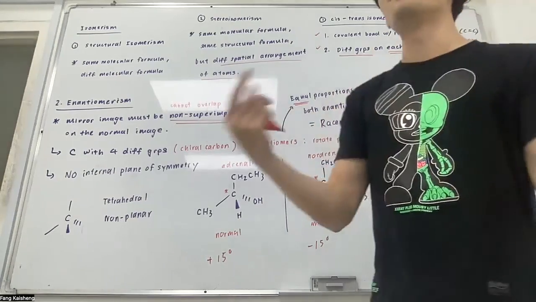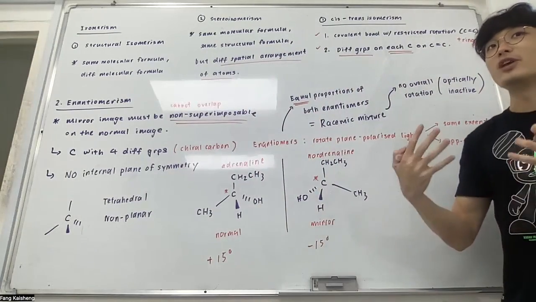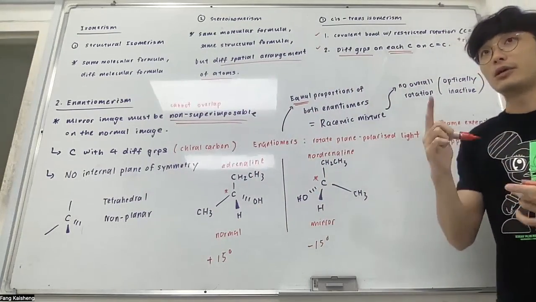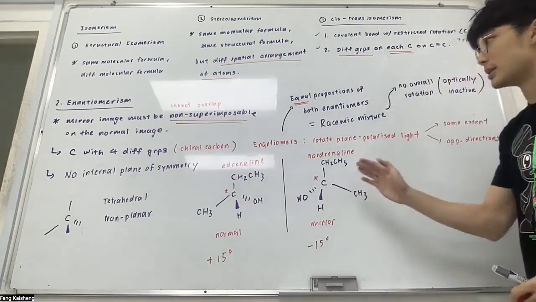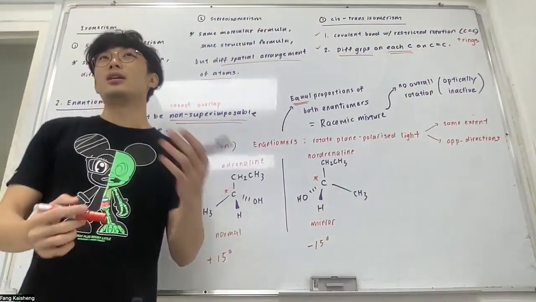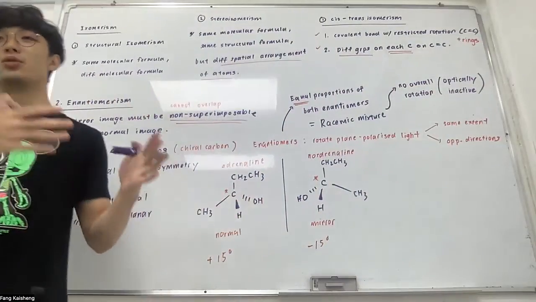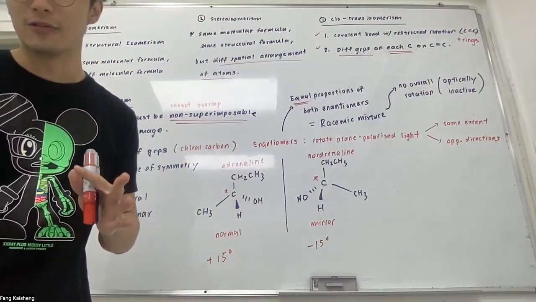This one, if you inject it, you feel pumped. So the idea is this: the normal and mirror image have different reactions with the body. So they're quite important. They have tested questions on this before. This one's not fluff. It sounds like fluff, but it's not. The same thing goes for drugs. Some drugs are useful, but the mirror image can cause you to die. It's quite scary. So that's the idea for this portion.